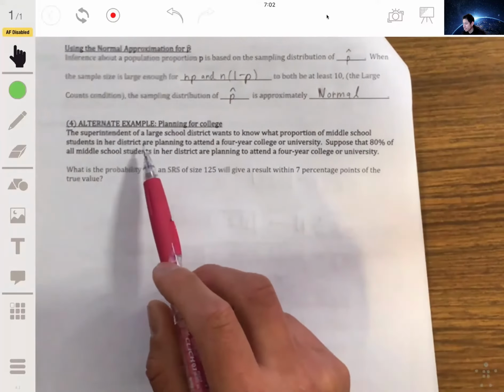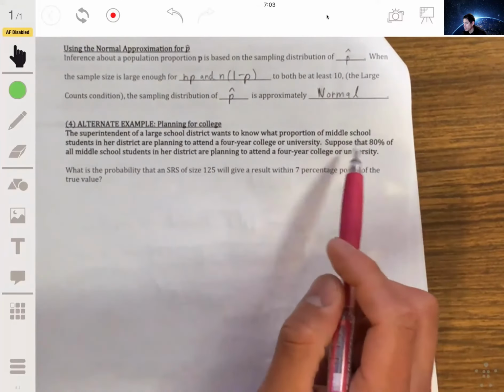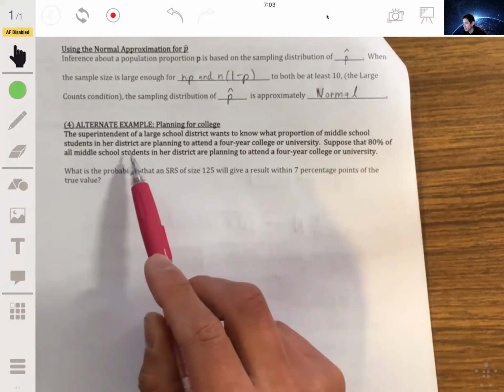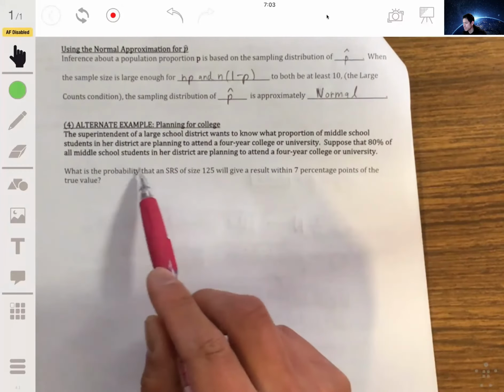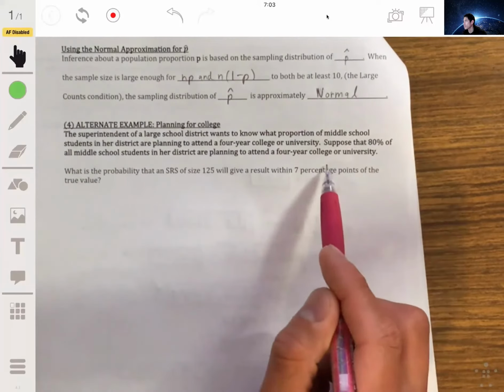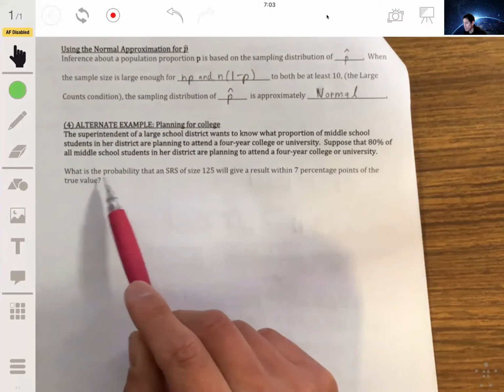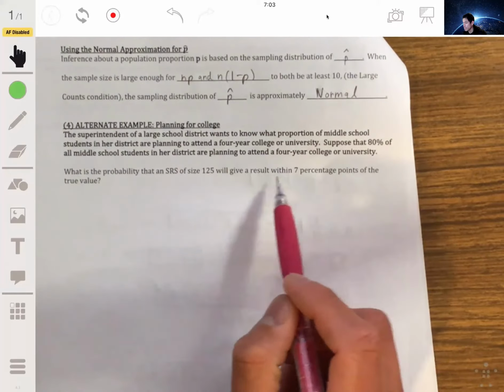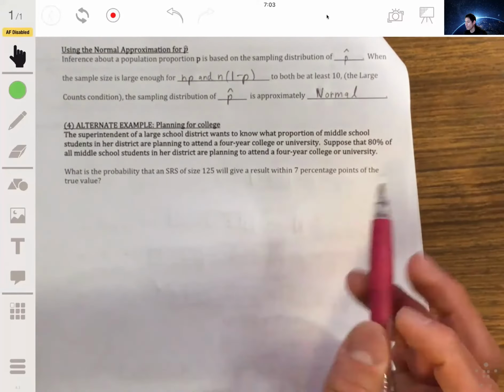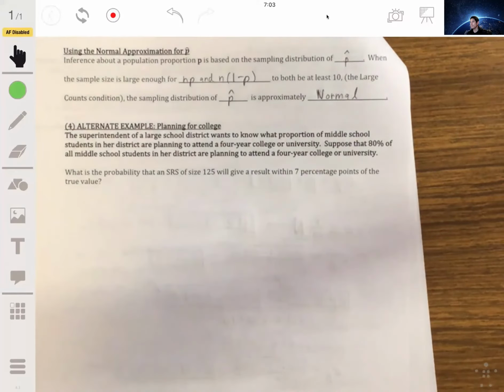The superintendent of a large school district wants to know what proportion of middle school students in her district are planning to attend a four-year college or university. Suppose that 80% of all middle school students in her district are planning to attend a four-year college or university. What is the probability that a simple random sample of size 125 will give a result within 7 percentage points of the true value?